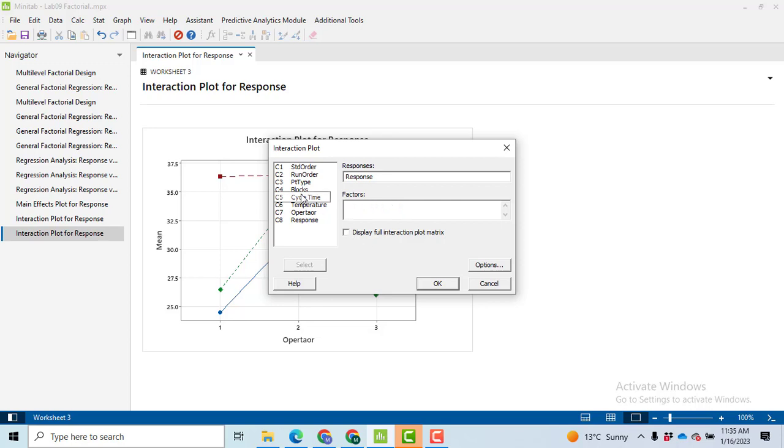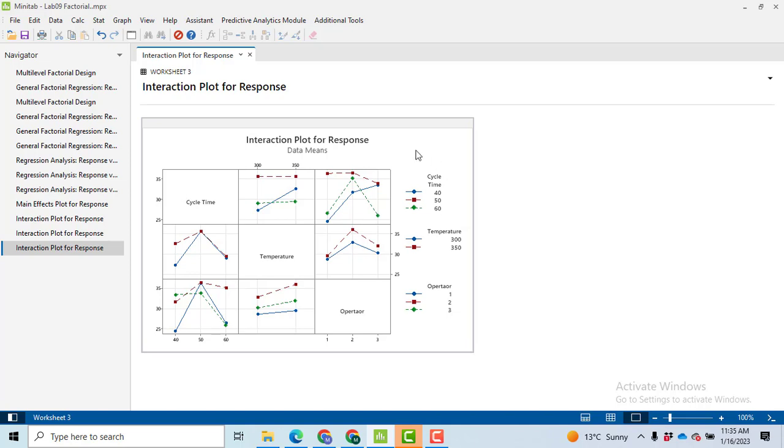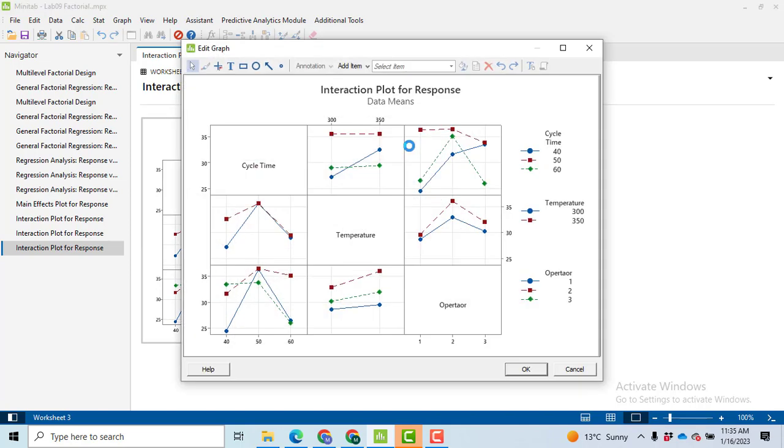However, if you want to, select all of them and check the option Display full interaction plot matrix. It is not a good thing, but it helps in a research paper so you can input all of the graphs at once. You can see that operator and temperature don't have any significant interaction effect because no lines are intersecting each other. So that was all about today's lecture.